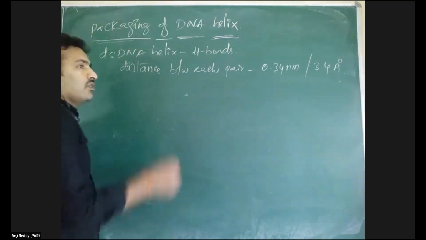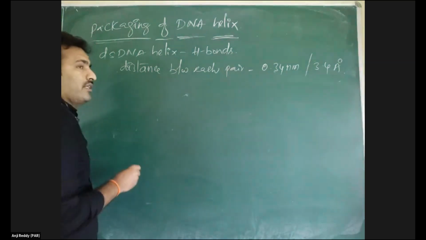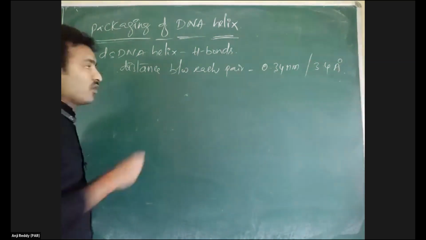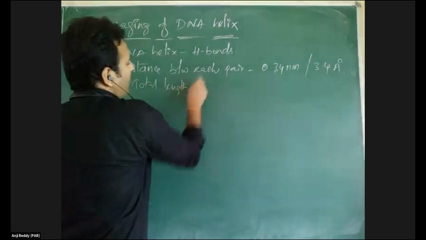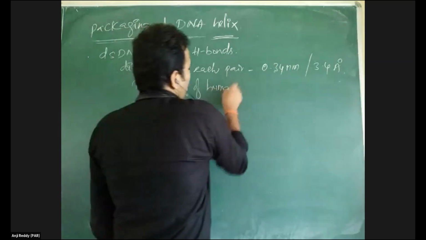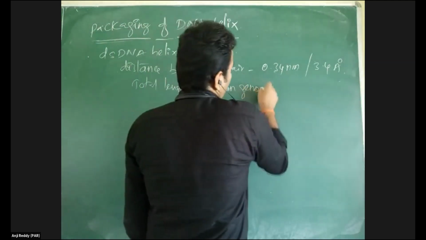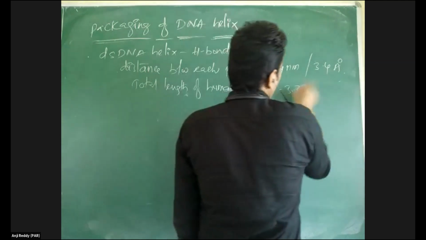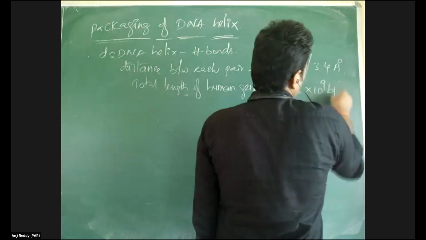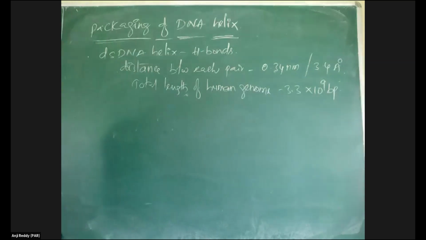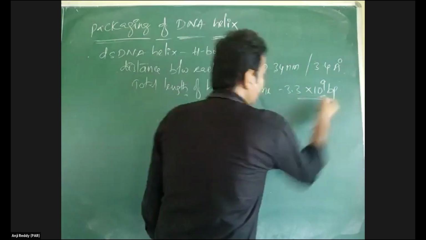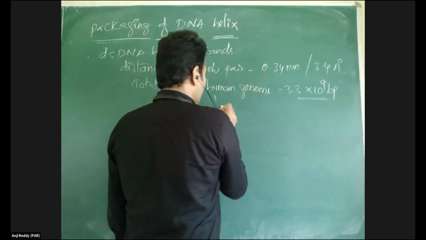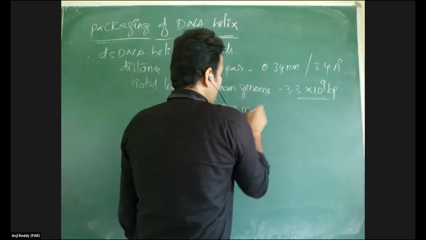If you take the total number of nucleotides, I told you the total length of the human genome. The total length of the human genome is 3.3 into 10 power 9 base pairs. So, if we convert this into meters, it accounts for around 2.2 meters.